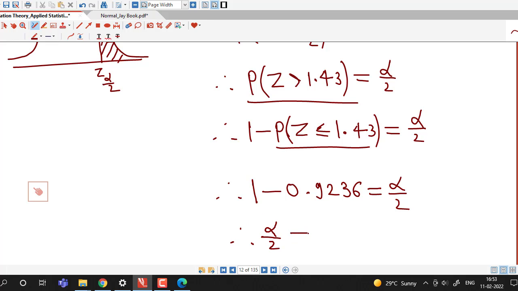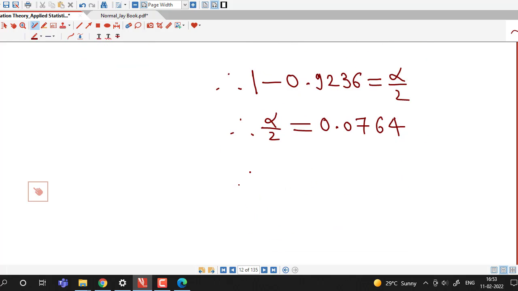Therefore alpha by 2 equal to this subtraction is 0.0764, and therefore alpha will be equal to 2 times 0.0764, which is 0.1528, and we are interested in the confidence level that is given by 1 minus alpha.